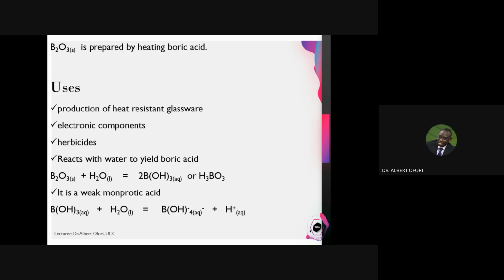One common example of an oxoacid of boron is boric acid. The parent name is orthoboric acid. As we lose oxygen or add more oxygen, we can have the metaboric or the boric acid. Boric acid is the same as orthoboric acid. That's the parent name.